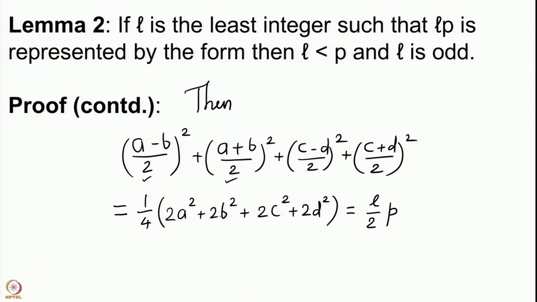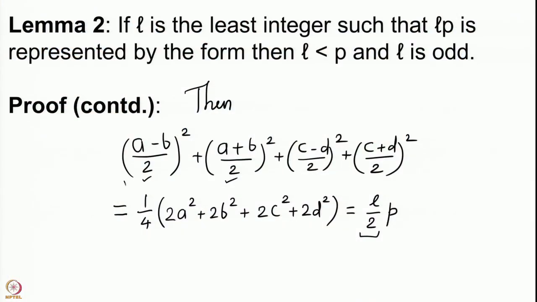So, you have a square plus b square plus c square plus d square divided by 2, and so you have a multiple of P which is smaller than L, because L was even and L was positive. So, we have now a multiple of P which is less than L, and this multiple into P is also a sum of 4 squares. We have actually these 4 integers whose squares sum to this particular number.